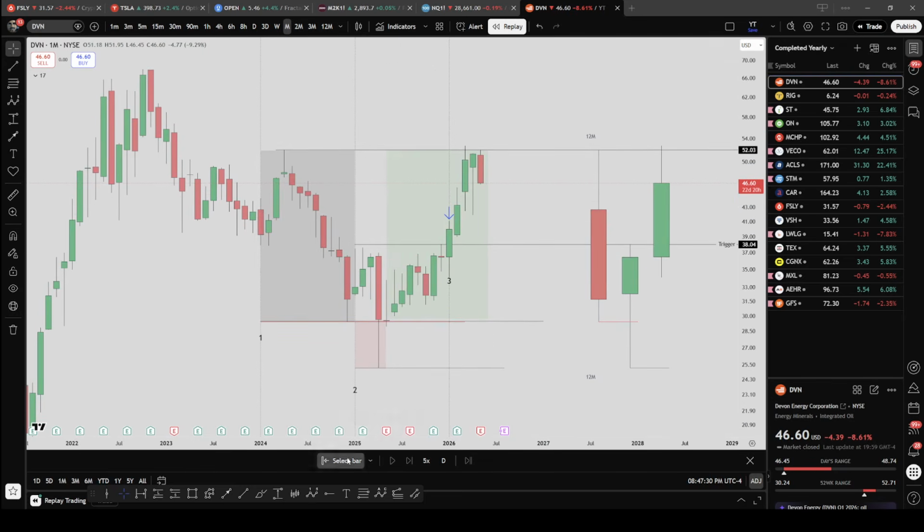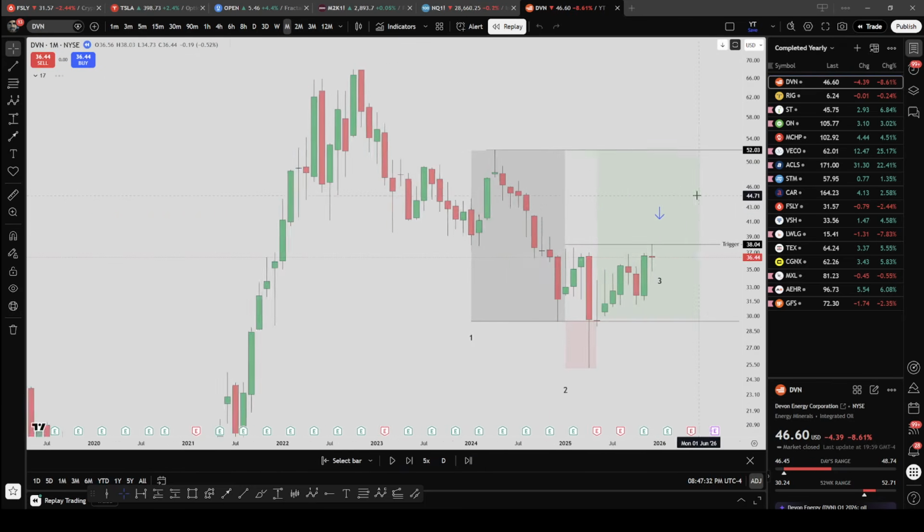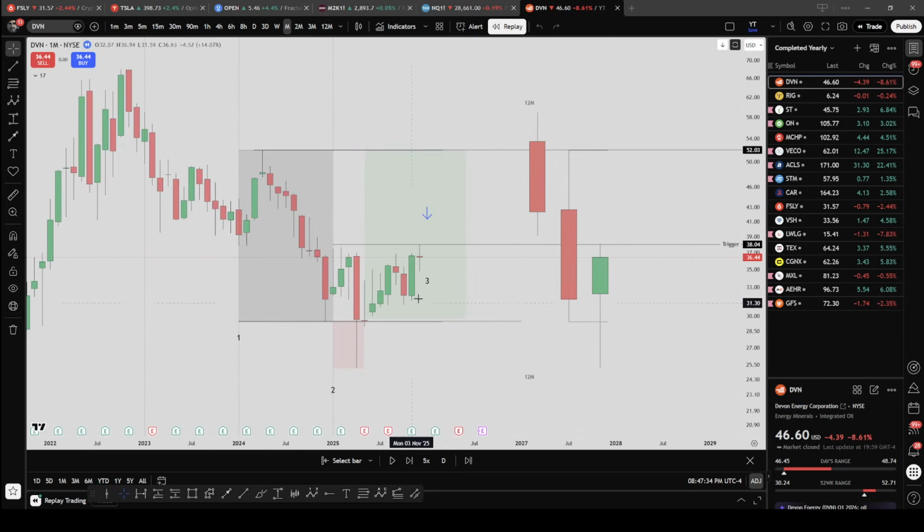So when I'm in replay mode, right now we're in December. We do not see 2026 price action. And then I'm trying to show you, so okay, I'm entering January saying, all right, I see this yearly candle, it's a reversal hammer. So I want to get onside to take 2026 into 2024's high.